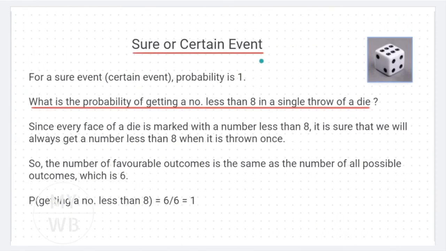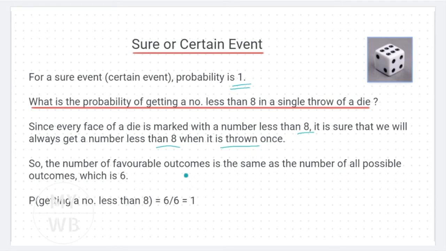Sure or certain event. For a sure or certain event, the probability is 1, which is the maximum. What is the probability of getting a number less than 8 in a single throw of a die? Every face in a die is marked with a number less than 8. So it is sure that we will always get a number less than 8 whenever a die is thrown once.